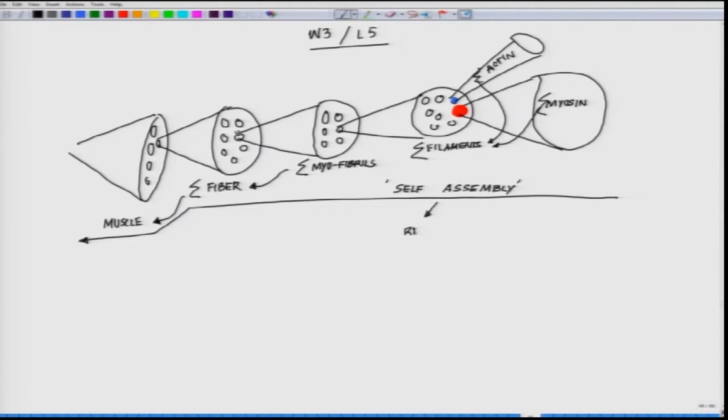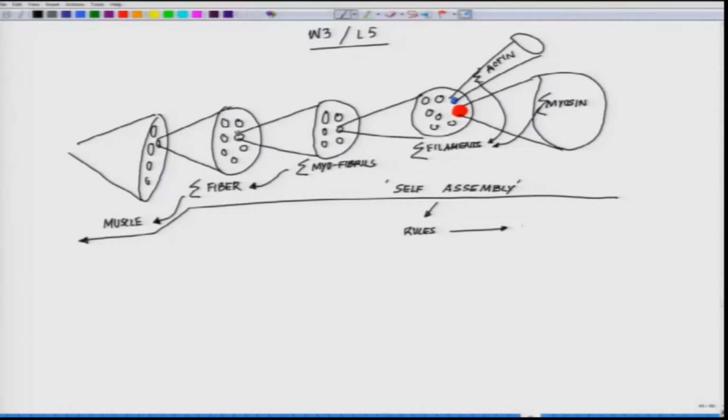And the future lies in understanding these kinds of self-assemblies, because understanding them will one day help us achieve the dream of developing something called artificial organs, where we will be able to develop structures according to our needs and requirements in the laboratory.